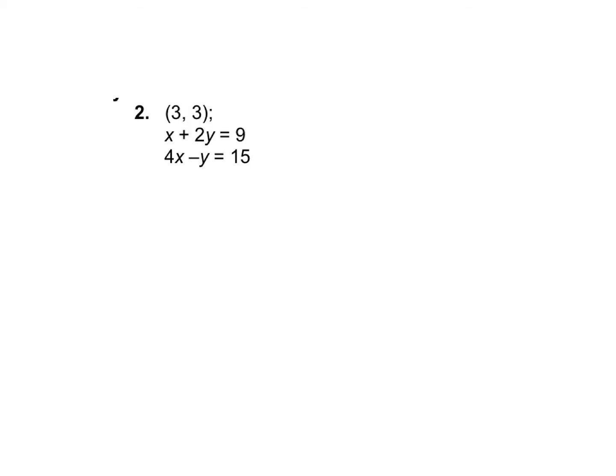All right, so we have the ordered pair (3, 3). So let's plug in x, y. So is 3 plus 2 times 3 equal to 9? All right, 3 plus 6 equal to 9. Well, 3 plus 6 is equal to 9, so that works.